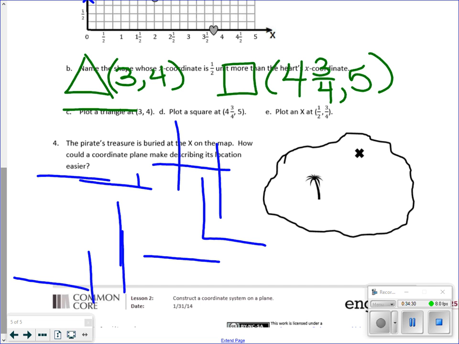You would need to be very, very specific and maybe use a coordinate grid. If they make a map, when you have a map, you have some kind of scale. Every inch is this, every square is this, and that's what you find a lot with maps.